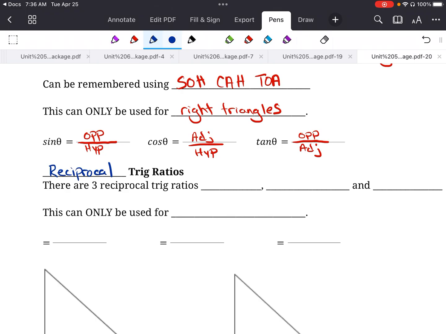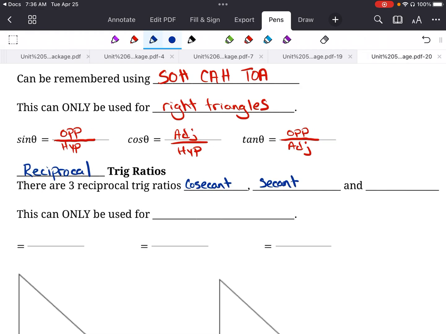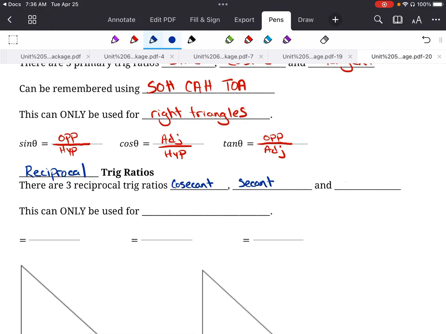The reciprocal of sine is cosecant. The reciprocal of cosine is secant. And the reciprocal of tangent is cotangent. Just like the primary trig ratios, these can only be used on right triangles.